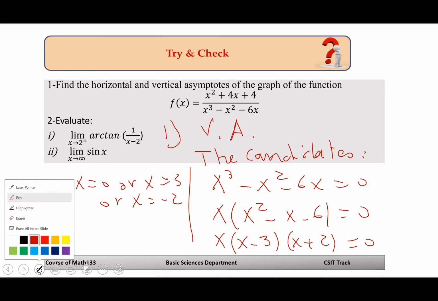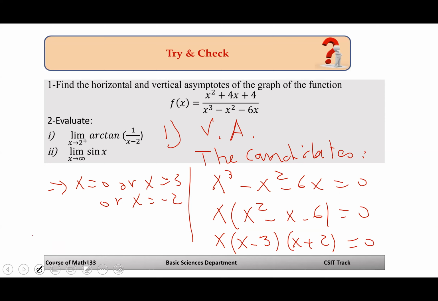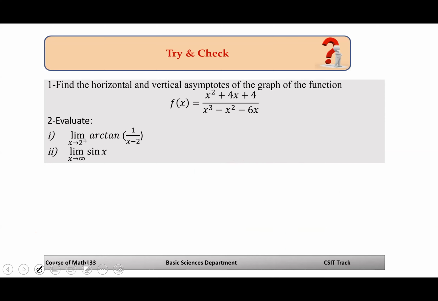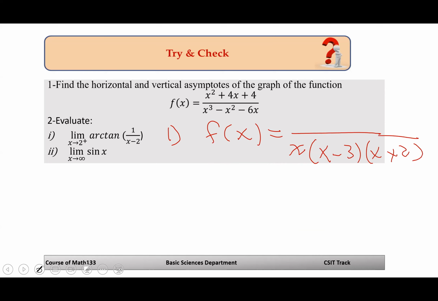So I will remove this and write my function f of x with factoring. So it's x times x minus 3, x plus 2. This is for the denominator. What about the numerator? It's x plus 2 squared, that I write x plus 2, x plus 2.